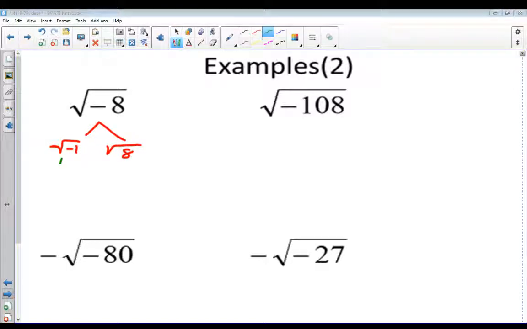And then the square root of negative 1 would become i. But if you take a look at the square root of 8, that's not a perfect root. That turns out to be a decimal if you plug it in your calculator. And sadly, we can't just leave the final answer as i radical 8. The Hawks program won't accept it like that.